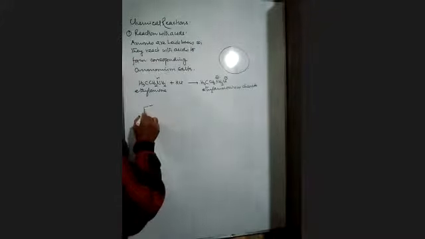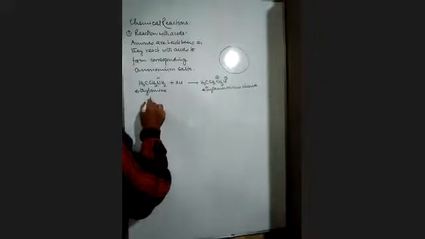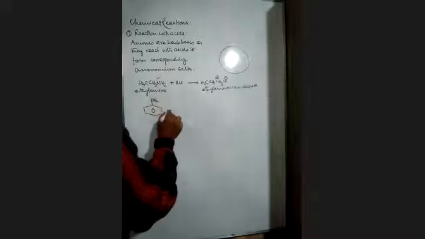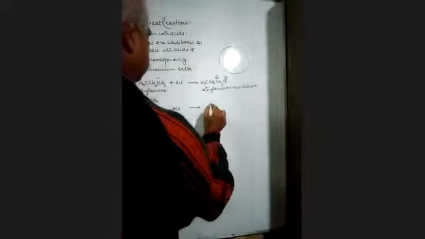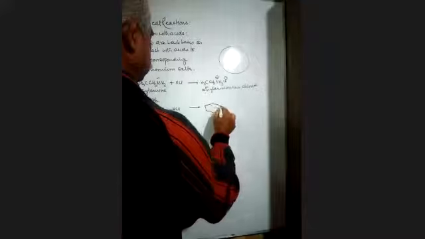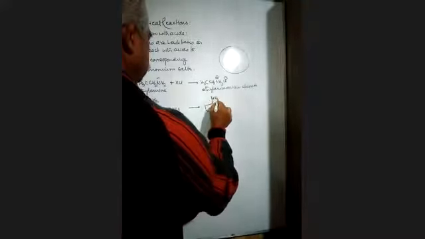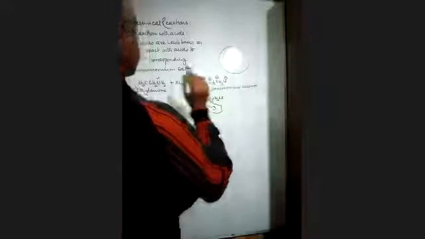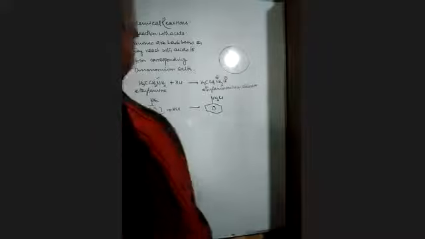Suppose you have taken here aniline and you have reacted with HCl. So you will get here, instead of writing negative and positive charge, you can write like this also.